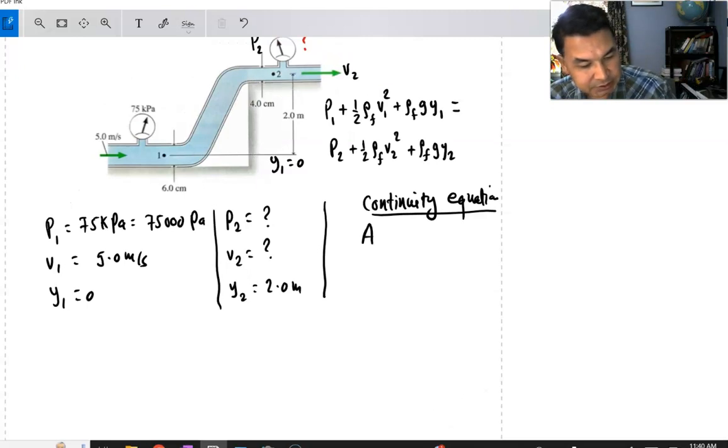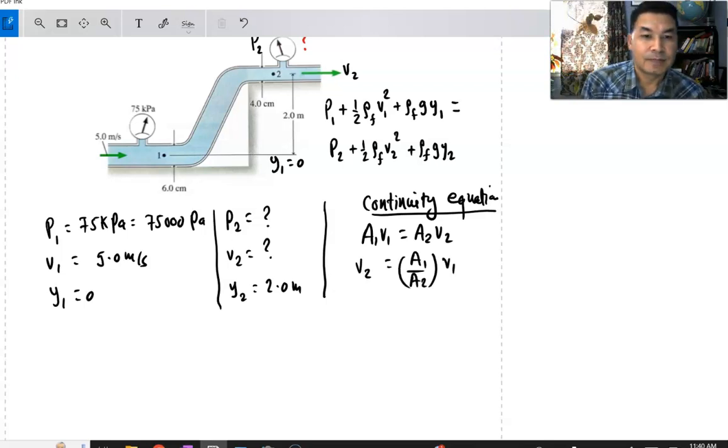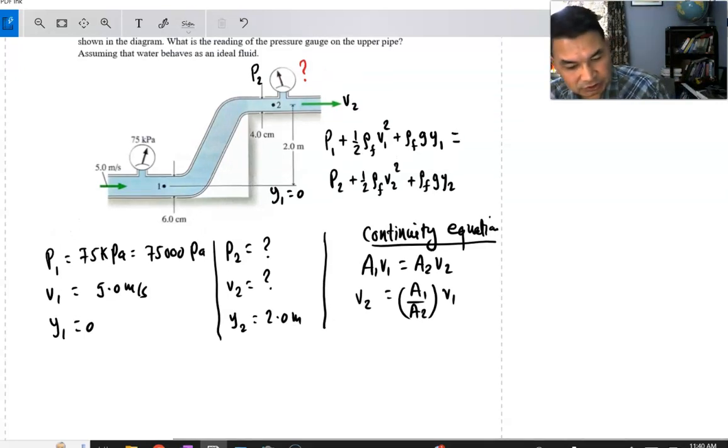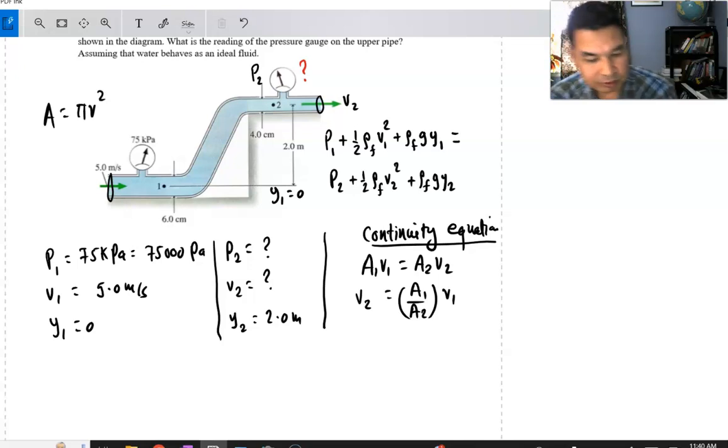It says A1 V1 is equal to A2 V2. We're solving for V2, and this is simply called the equation of continuity, from the previous topic. V2 is going to be area 1 over area 2 times V1. A is simply the cross-sectional area of the pipe, which, if it is a circular cross section, is pi r squared.